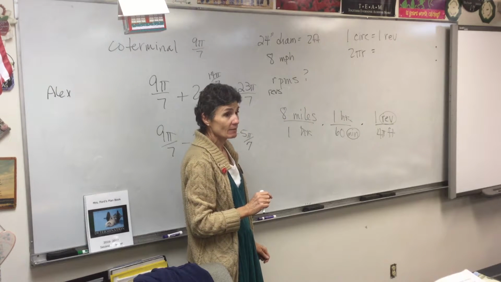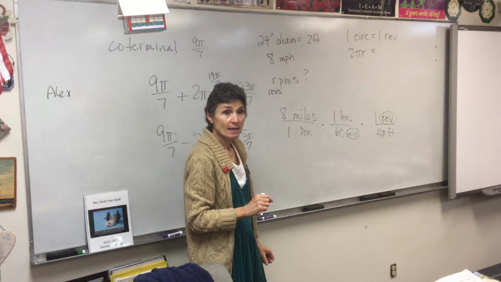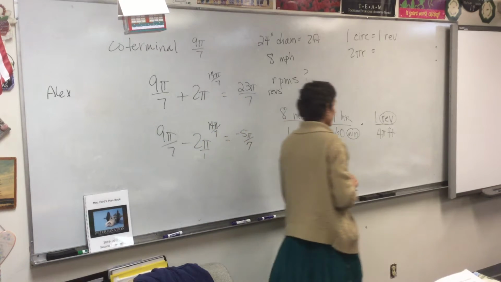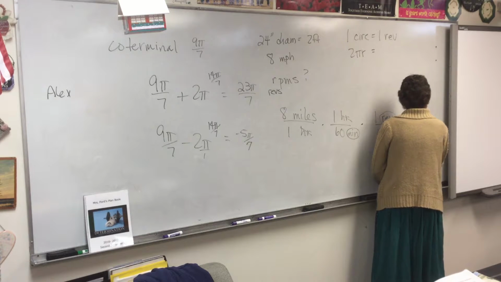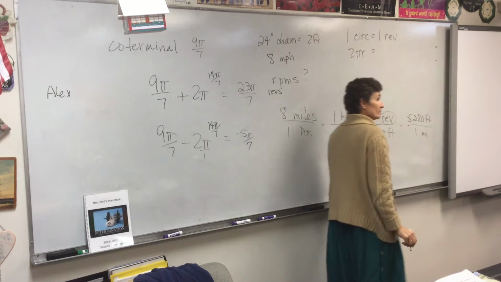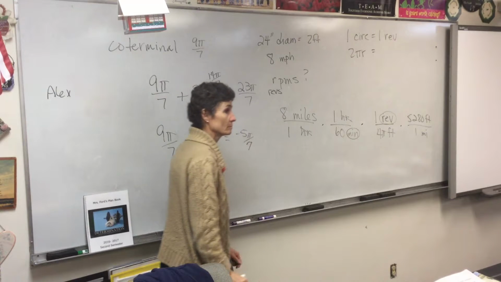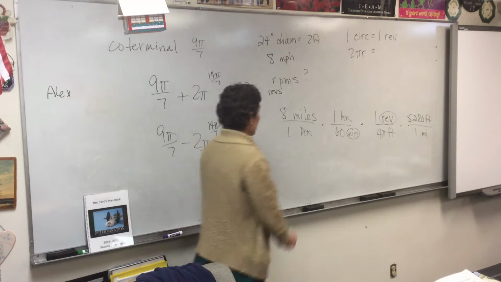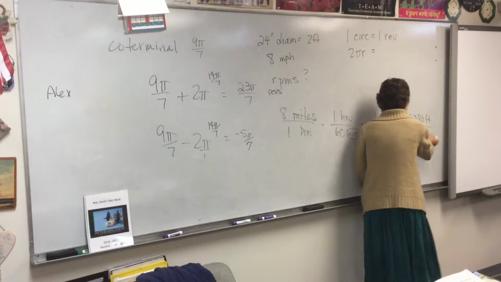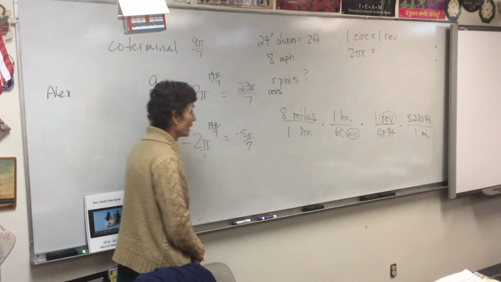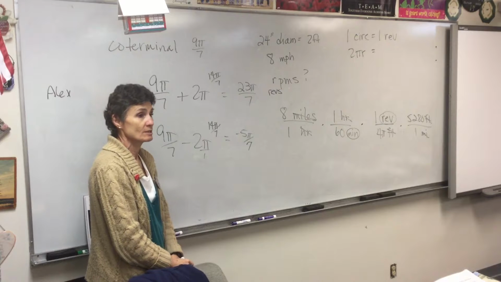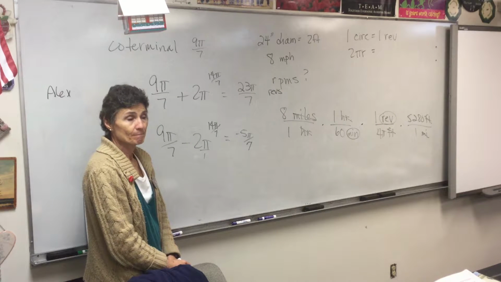There are 5,280 feet in a mile. So 5,280 feet in 1 mile. Now the miles are going to cancel, the feet are going to cancel, and I am left with exactly what I wanted, which is revolutions per minute.